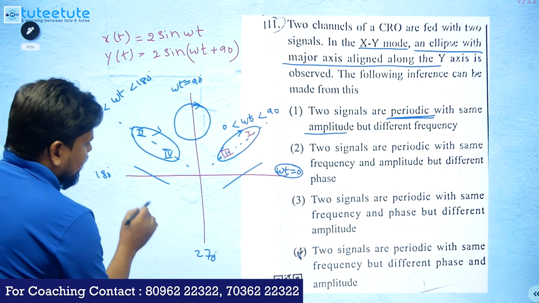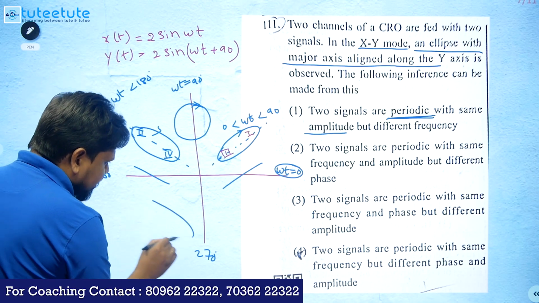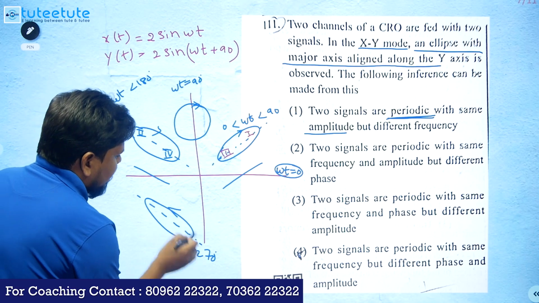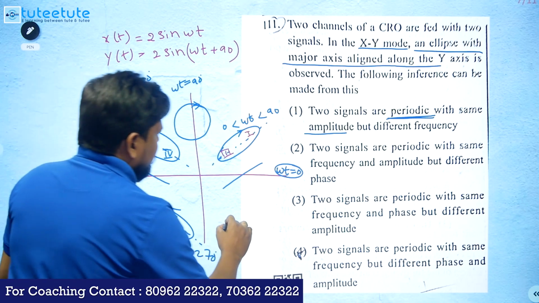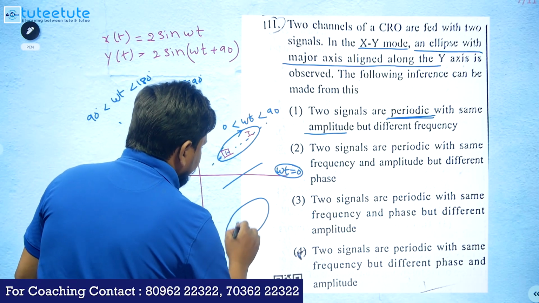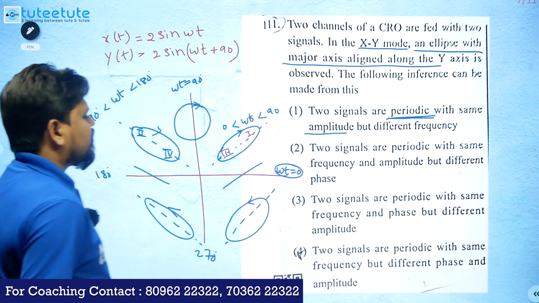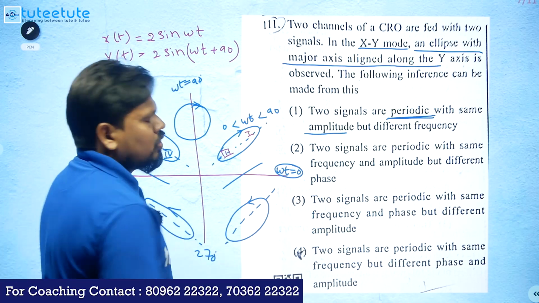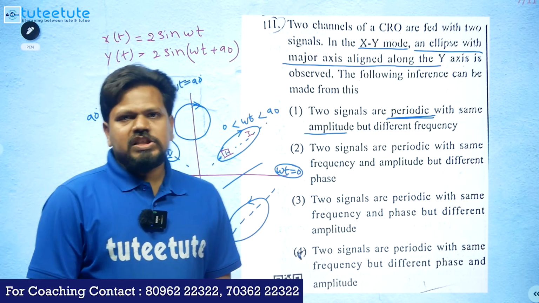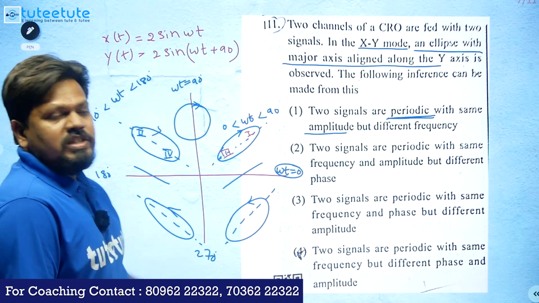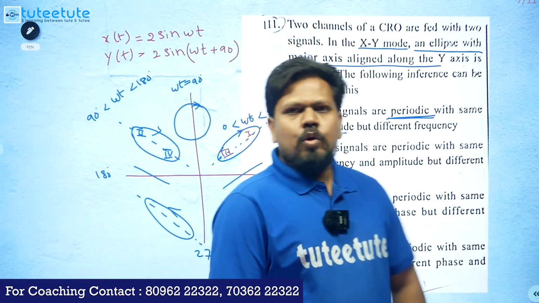But here the major axis will be the same, rotating anti-clockwise, between 270 to 360 degrees. Generally we study these two in the subject.